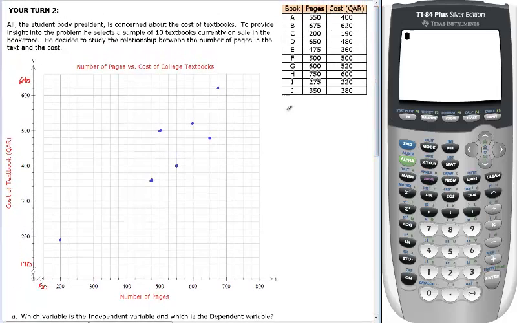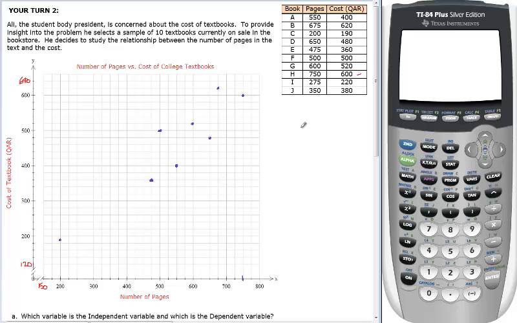Now you notice I had the first 7 ordered pairs already plotted, again to save time. And let's look at, I think I'm at H here, 750, okay, looks like these are going up by 25, so 750 would be right here, and 600. So 750, 600.